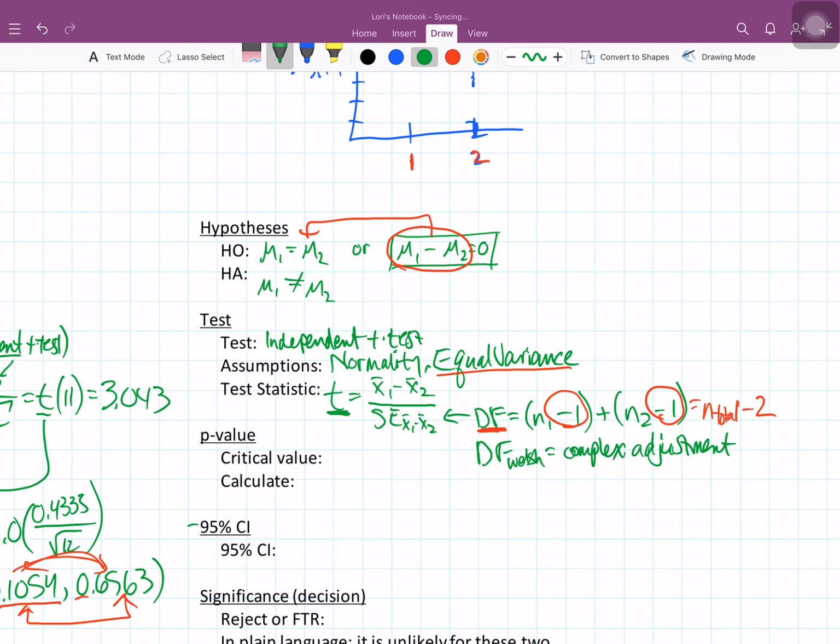Your textbook also talks about another one, degrees of freedom conservative, and that is equal to the smaller of n1 minus 1 or n2 minus 1. In other words, whichever group is the smallest. That conservative degrees of freedom helps to adjust this denominator.